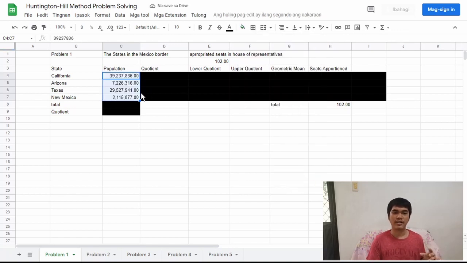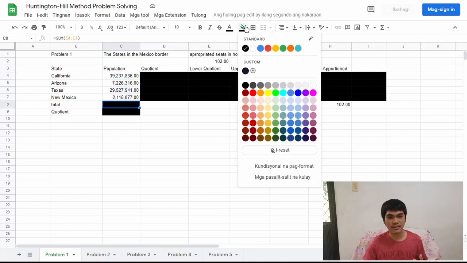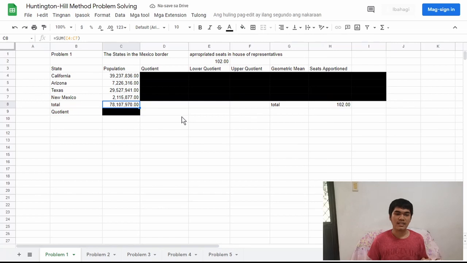The population in California is 39,237,836, while Arizona is 7,226,316, and so on and so forth. The total of this is 78,107,970.